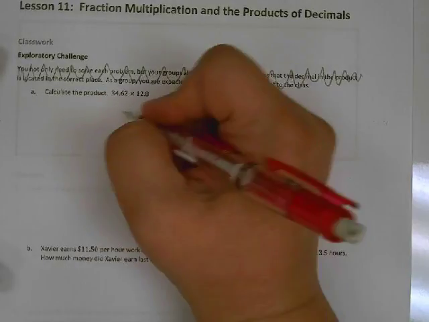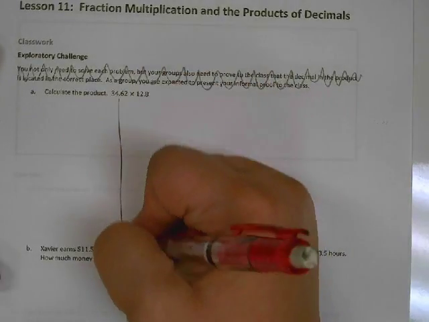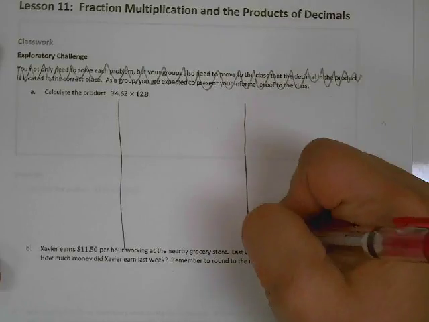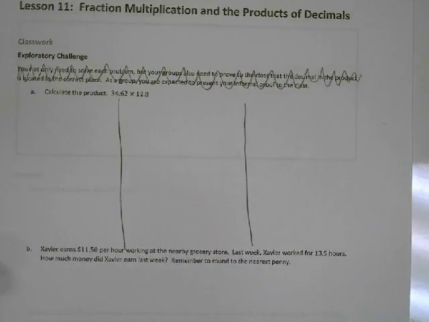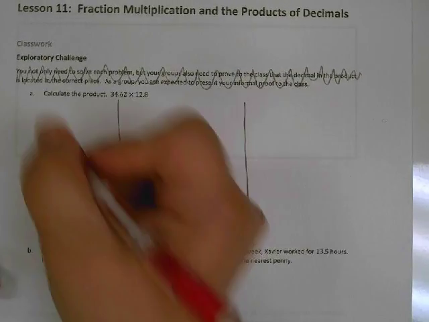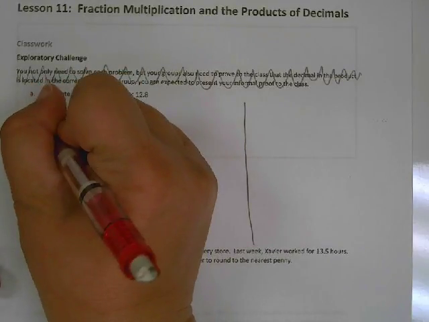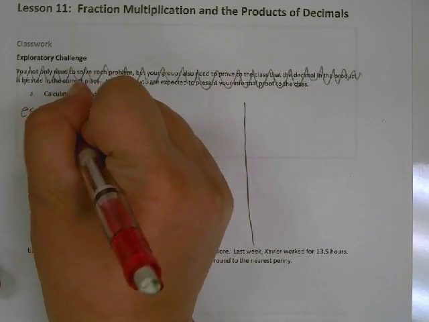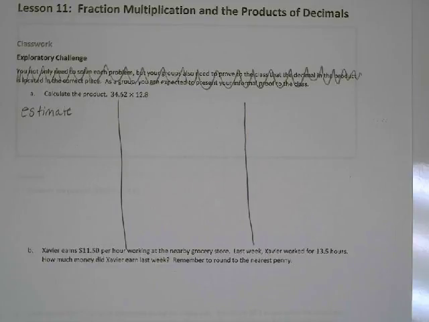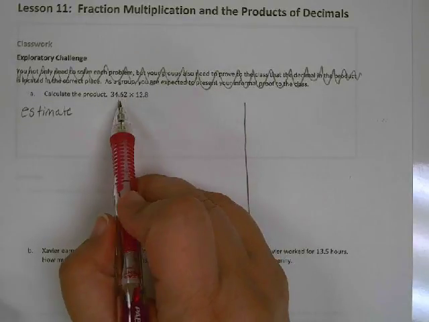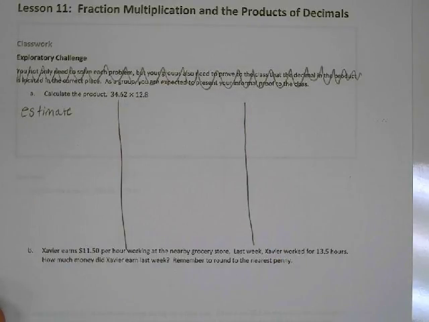So we're going to divide our paper into 3 sections. And the first thing I want us to do is to estimate. And we're going to estimate the product of the problem, 34 and 62/100 times 12 and 8/10.